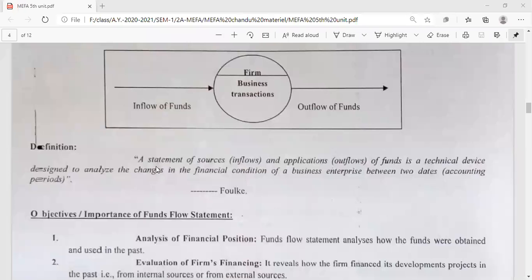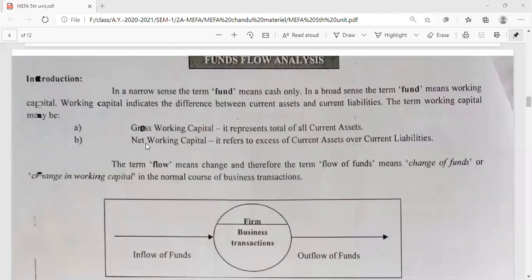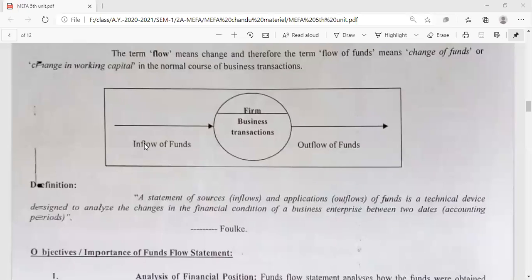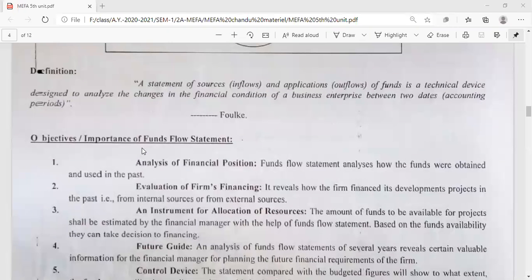Here we have a definition for fund flow analysis. Fulke has given this definition: a statement of sources, that means inflows, and applications, that means outflows of funds, is a technical device designed to analyze the changes in the financial conditions of a business enterprise between two dates, that means accounting periods.